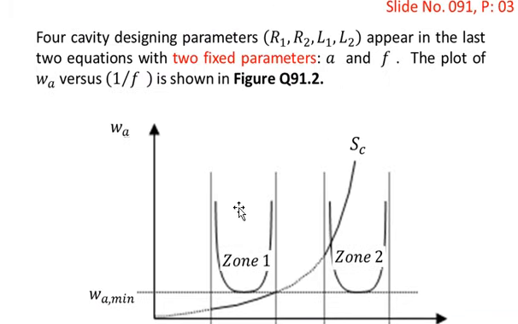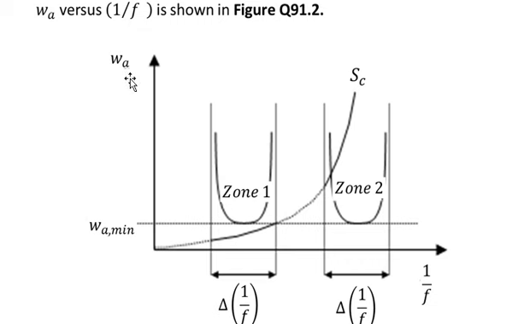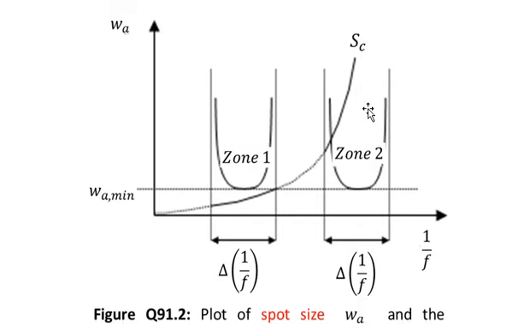So we have explained the two plots over here. One is the laser spot WA versus the lens dioptric power of the resonator, and secondly the combined mirror misalignment represented by the parameter SC as a function of the dioptric power of the lens.